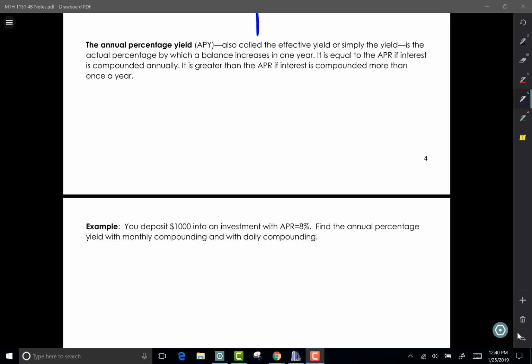Because every time we recalculate the interest when that's compounded, we're including the accumulated interest into that amount. So by the time we get to the end of the year, we actually have a relative increase in percentage that's more than the APR.